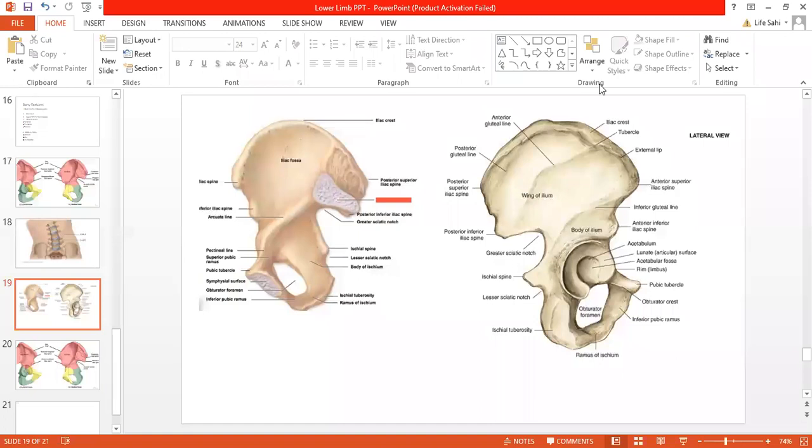Now coming to the surfaces of the ilium. The ilium has 3 surfaces. The gluteal surface, as the name indicates, faces the gluteal region of the lower limb and gives attachment to the gluteal muscles of the same region. Then we have the iliac fossa, which a layman may also call the flank.